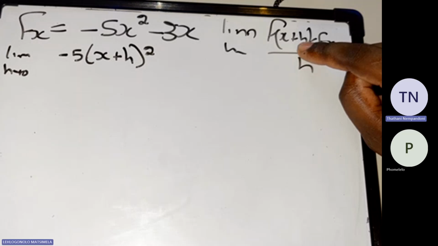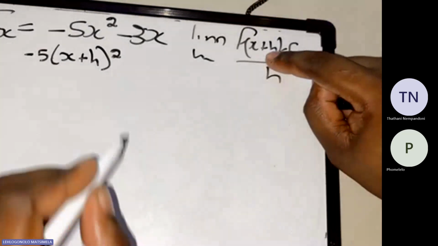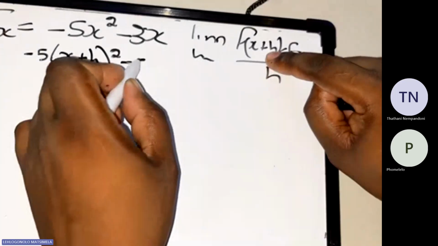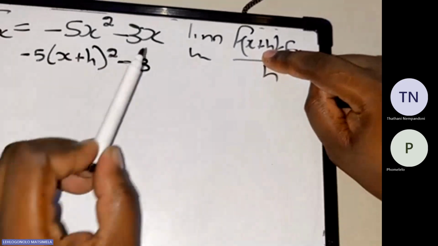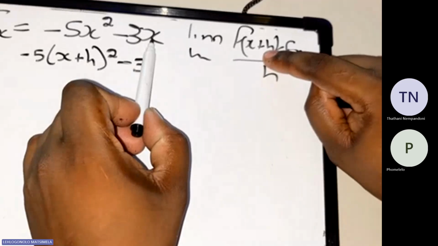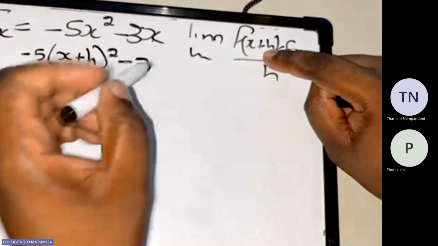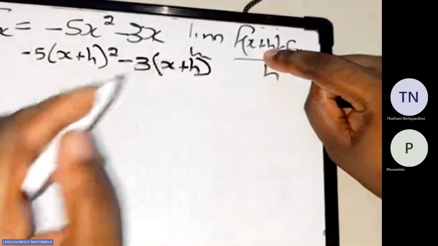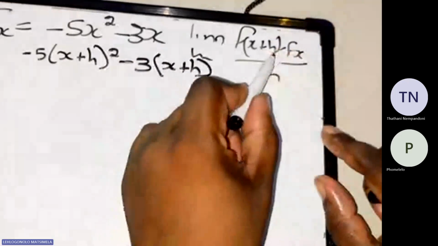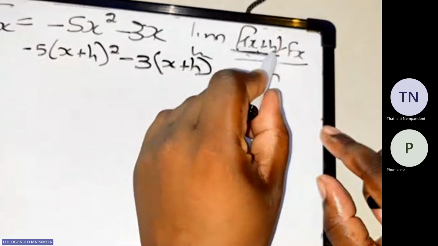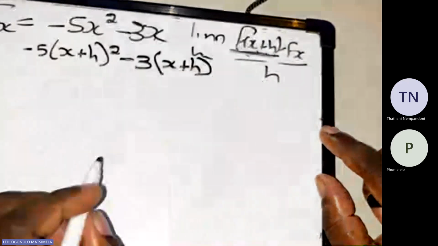And then we have minus 3 times x, so where there is x, I put x plus h. Now the first section, fx plus h in the bracket, is completed.